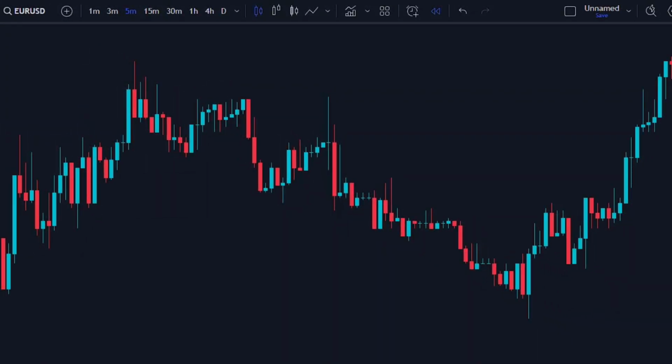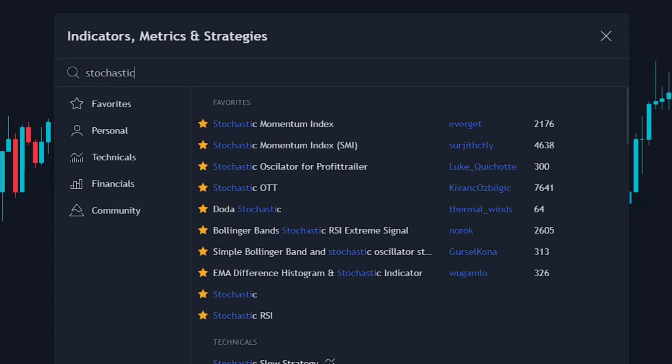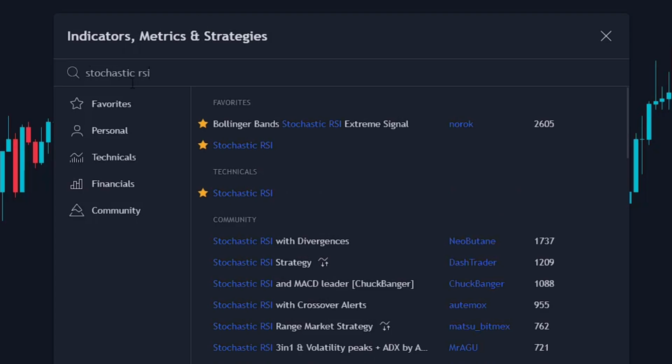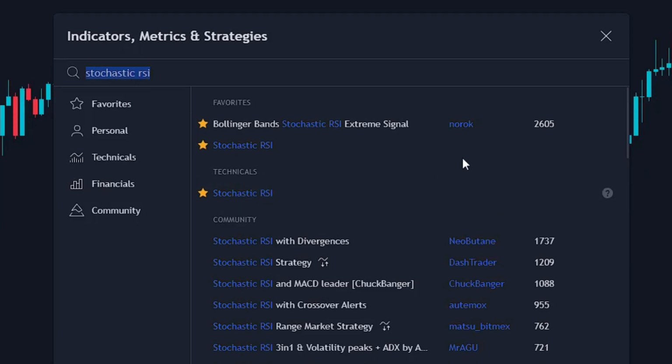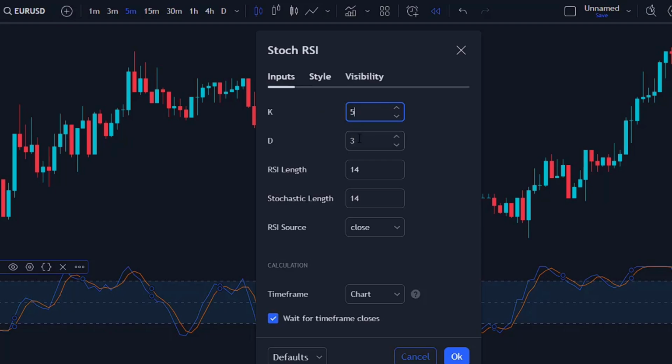First, log into TradingView and open the chart of any asset you're interested in. The first indicator we need is the Stochastic RSI. You'll find it under the technical section. Before we use it, we need to tweak its settings. Change the K and D lengths to 5.